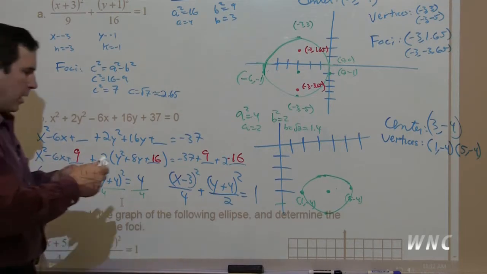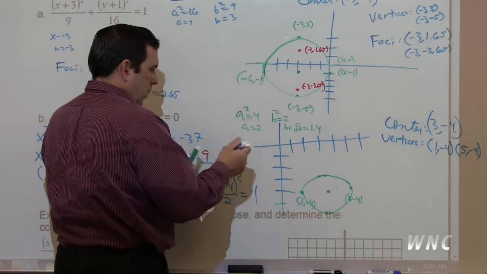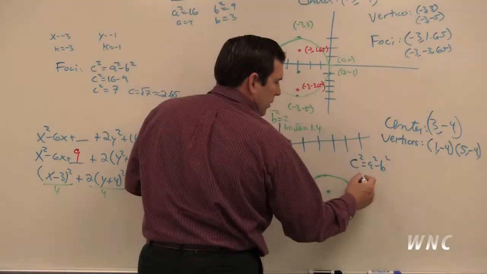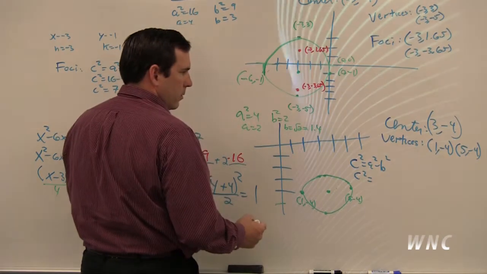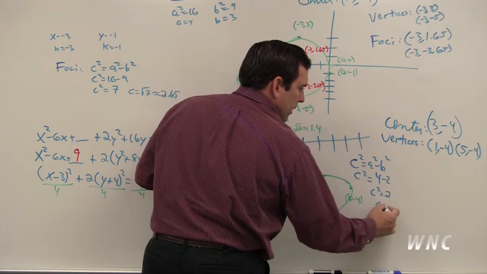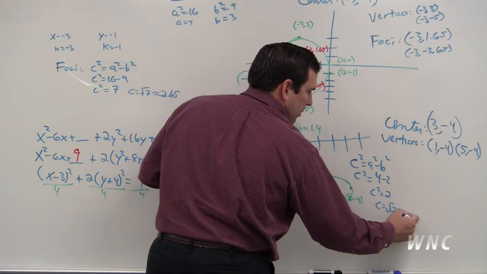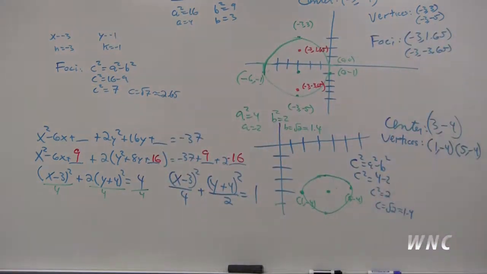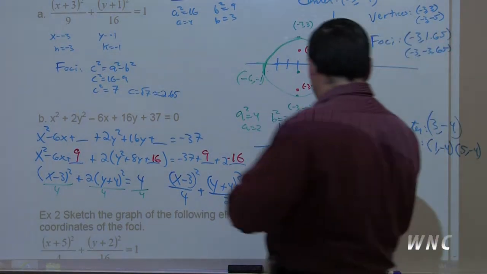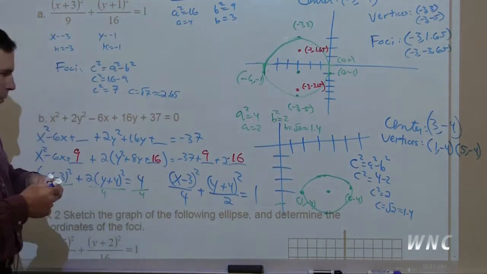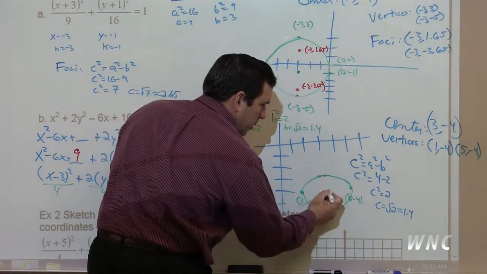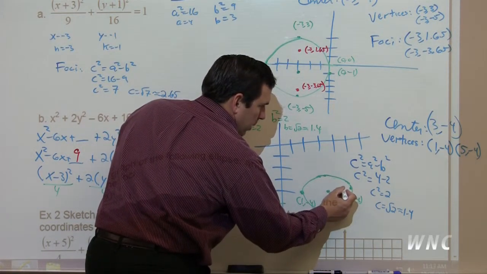So the foci are going to be located where? We have c squared equals a squared minus b squared. So c squared is going to be equal to 4 minus 2, so c squared is 2. c is the square root of 2, approximately 1.4. So from our center at 3, negative 4, we go to the right 1.4 units. And right about there.